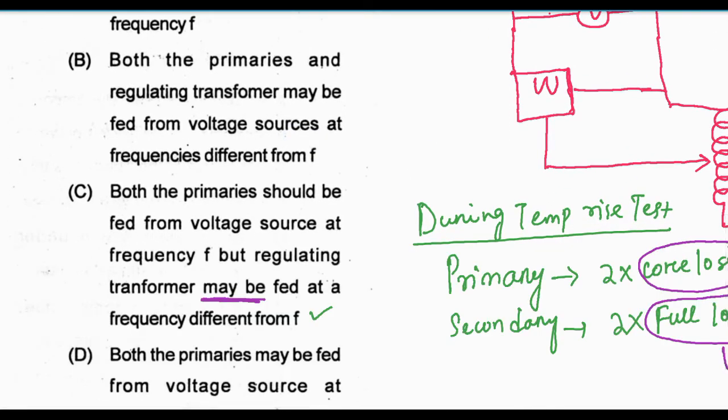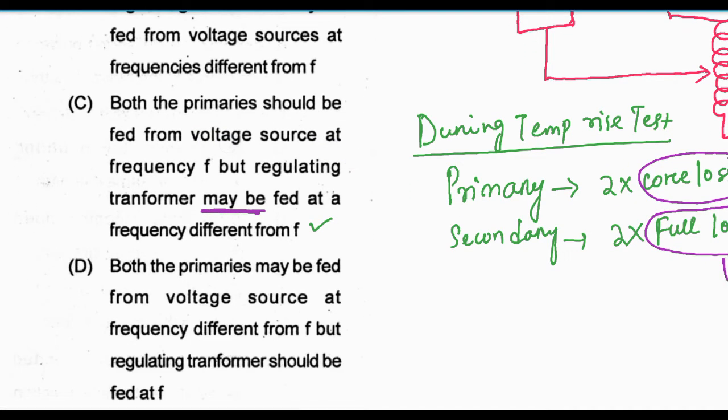Option C, both primaries should be fed from voltage source at frequency f, but regulating transformer may be fed at a frequency different from f. Option D is both primaries may be fed from voltage source at frequency different from f, but regulating transformer should be fed at frequency f.